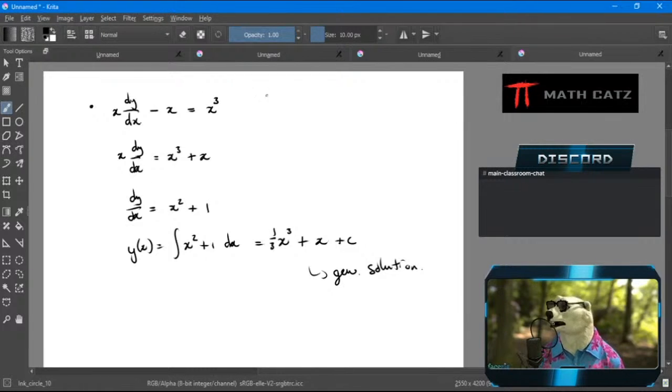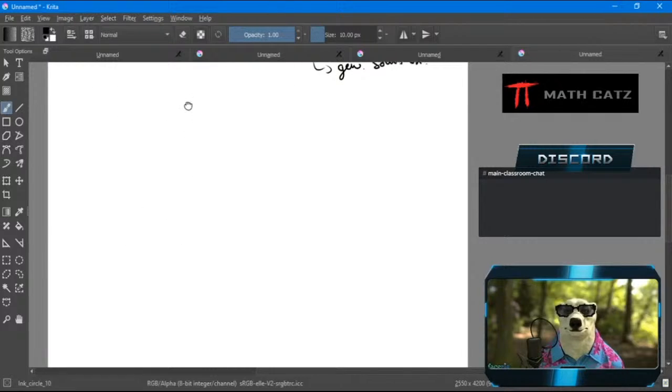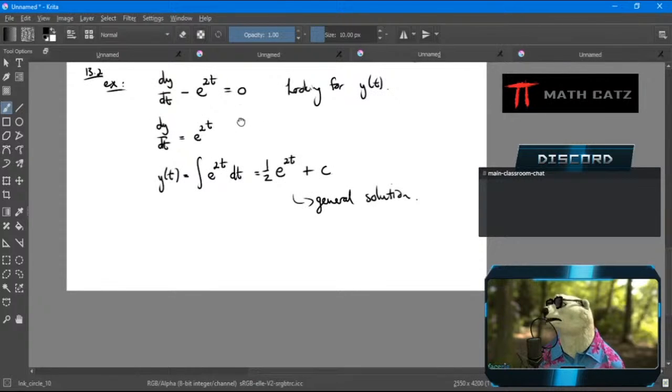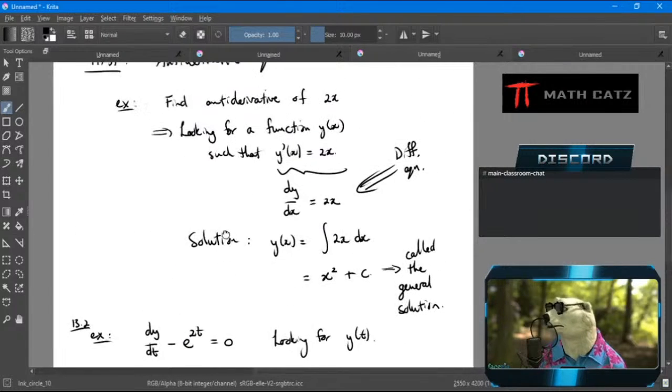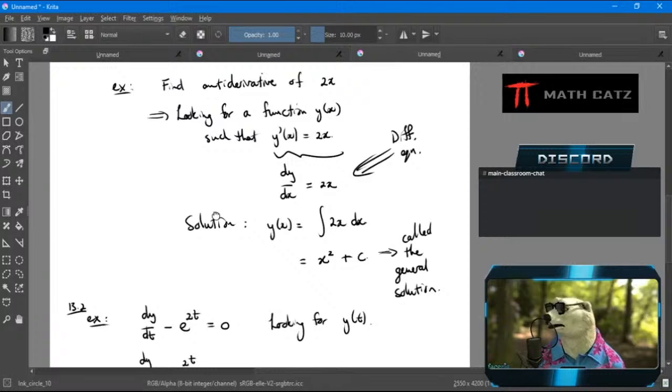All right, so let me just find my three examples that we did, and let's put them in a row here at the bottom. My first example was this one.